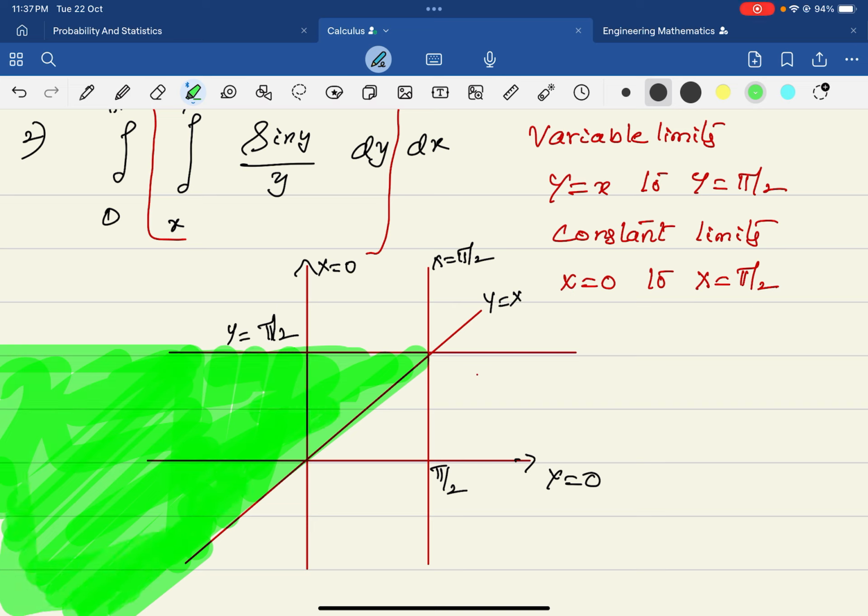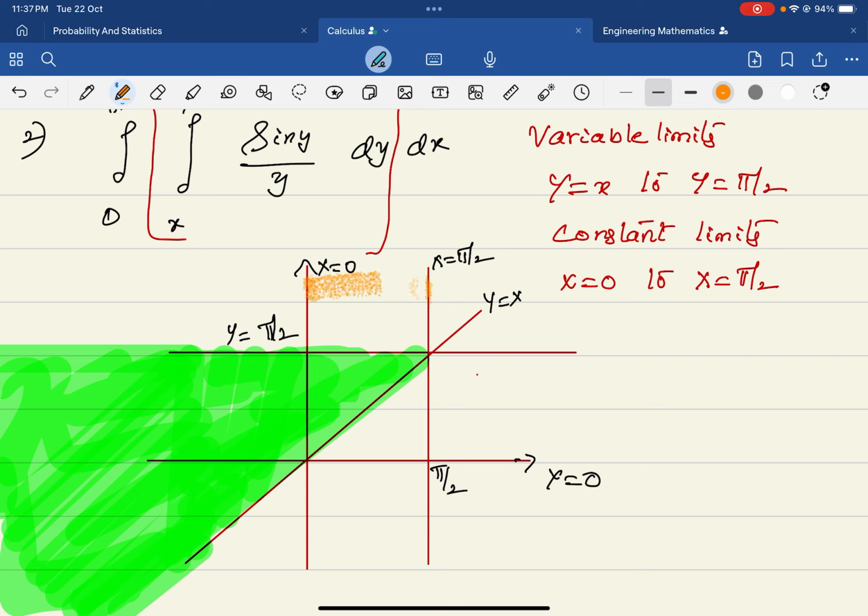And now where is the cut here? From x equal to 0 to x equal to pi by 2. Let us now draw the region for x is equal to 0. What do you mean by x equal to 0? It is my left boundary, as x limits go from the left boundary. From x equal to 0 you have to start the region, and to x equal to pi by 2.